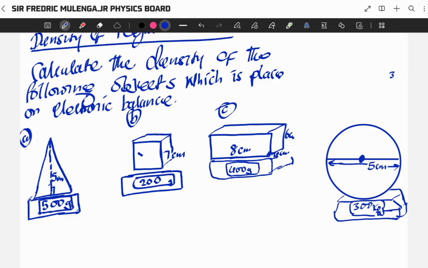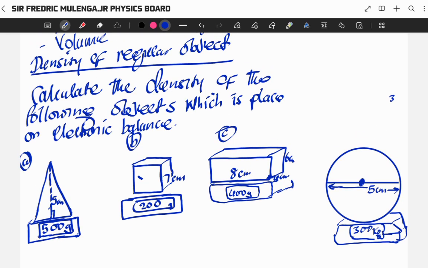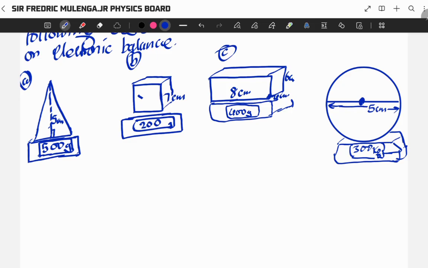As usual, for you to solve density, you need to have the volume and the mass of an object. So our job here is to first solve the volume of each object given, and then calculate density. We know the formula of density is mass over volume. So let's begin by solving first the volume of object A.